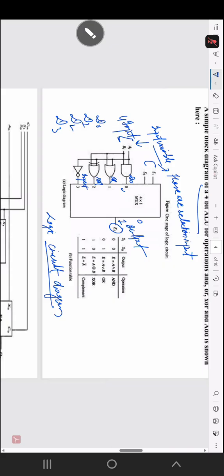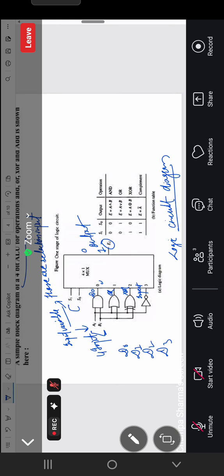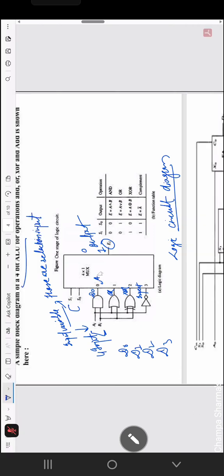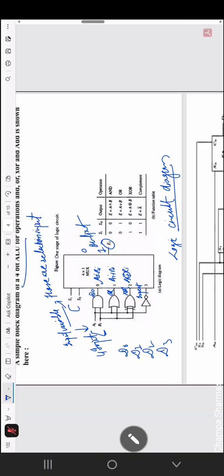Is it clear? The AND gate performs the multiplication operation, so AI into BI, or AI plus BI for OR. For XOR, AI XOR BI using the XOR operation symbol, and in the invert operation there is AI complement.